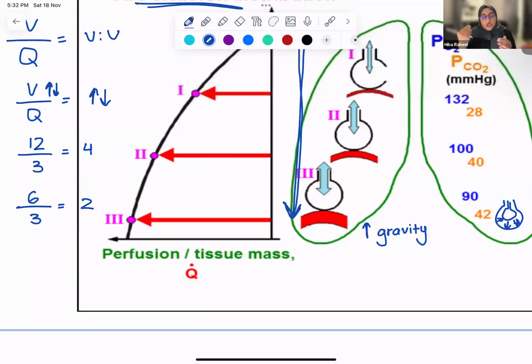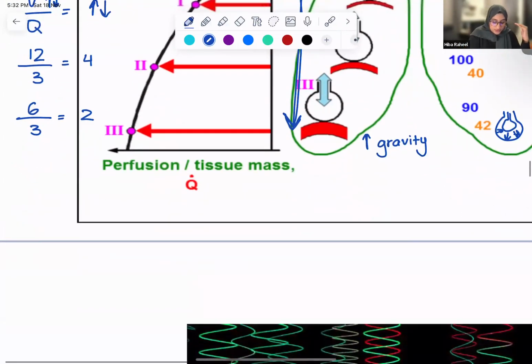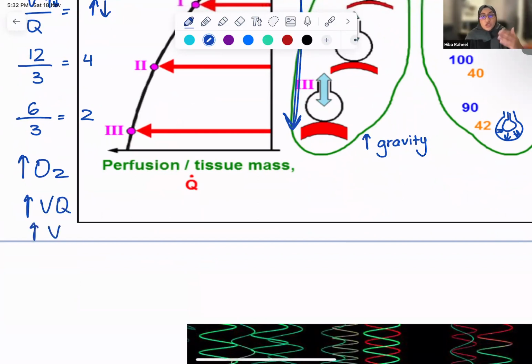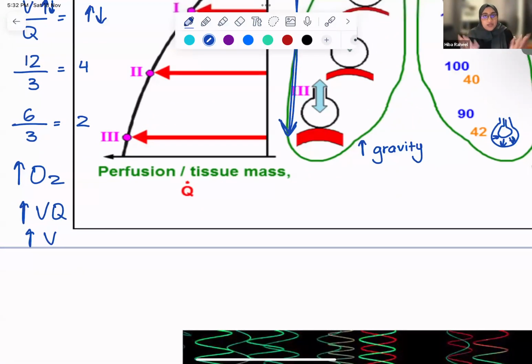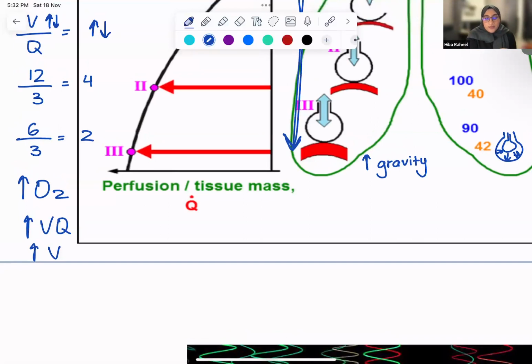You're removing it. So as O2 increases, your VQ ratio also increases. Understood? Because ventilation is increasing. You're bringing in more oxygen, ventilating the alveoli more. More gas exchange is happening. So the VQ ratio is going to go high without taking out carbon dioxide.